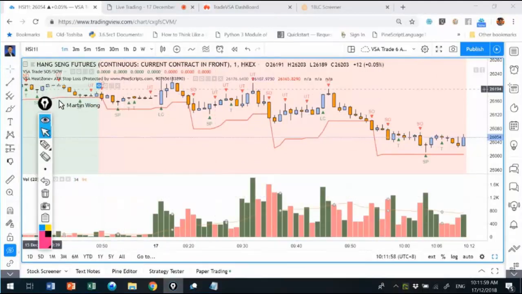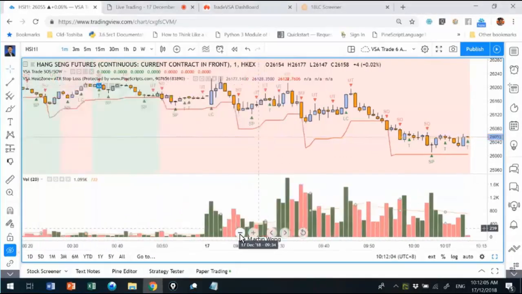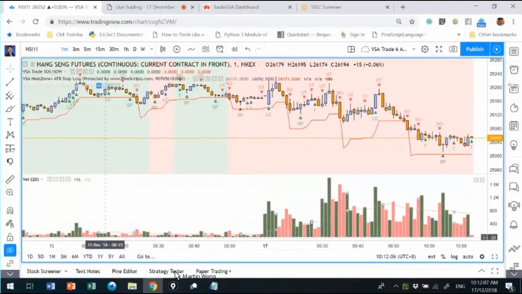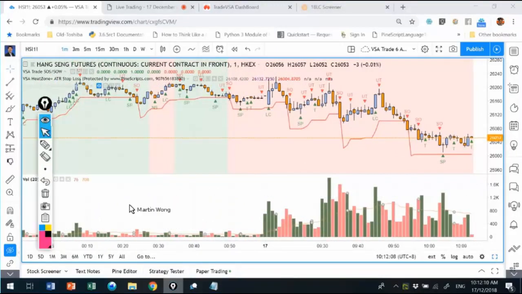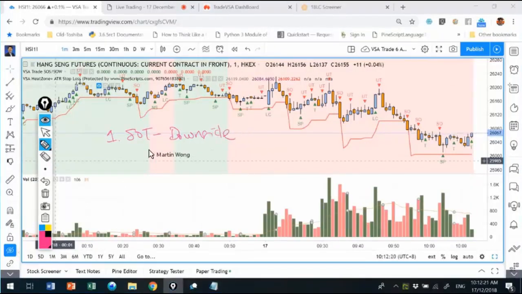Let's push it aside. So one, we look for shortening SOT to the downside. Then what else do we look for?